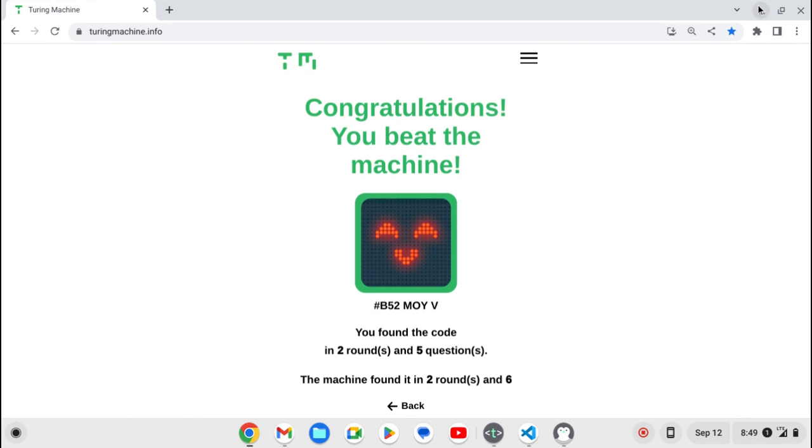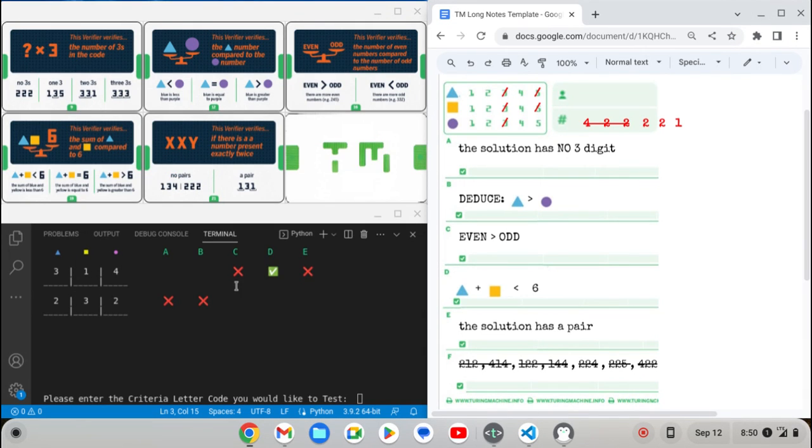So it would have been a win. And actually, had I picked the correct version of where triangle is greater than circle, not the one where they add up to 6, but where it was 2 greater than 1, it would have been an even better victory. But such is life.